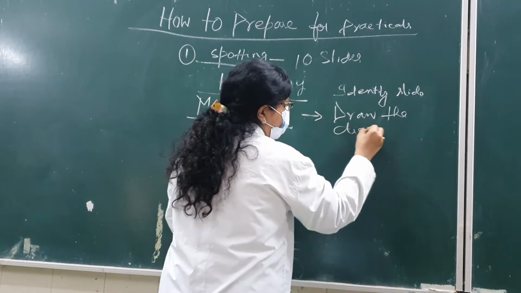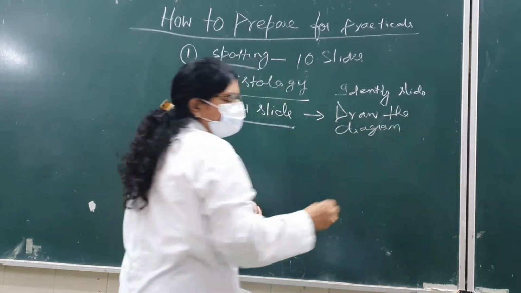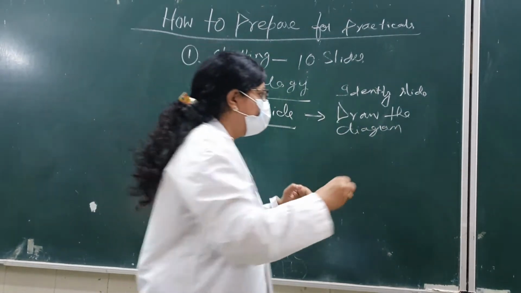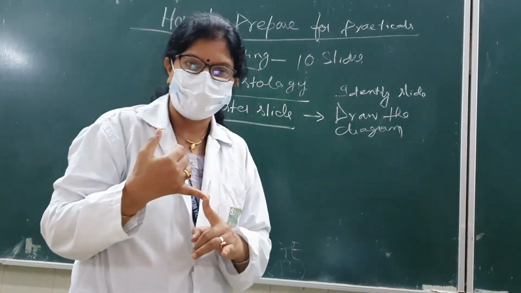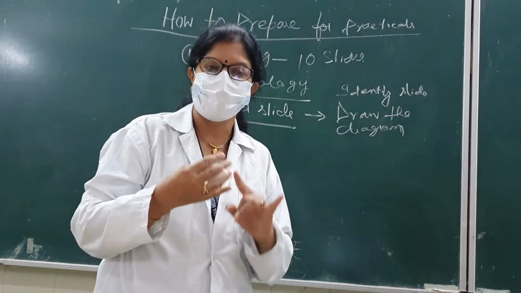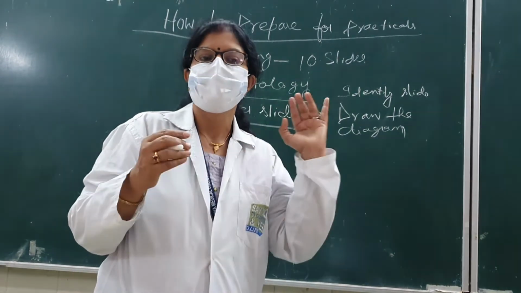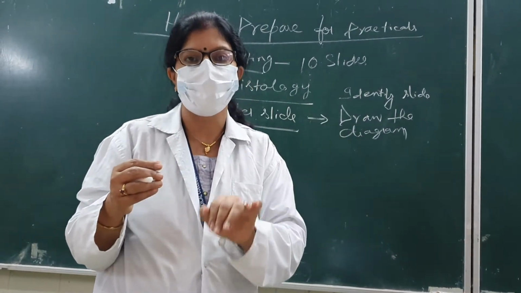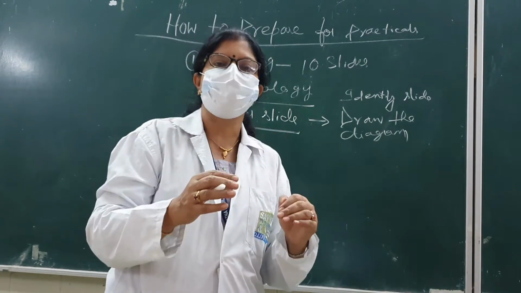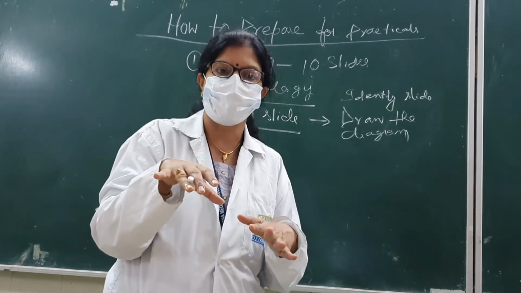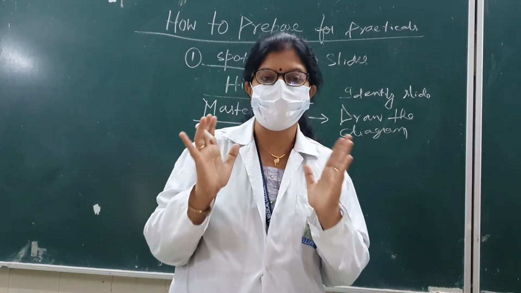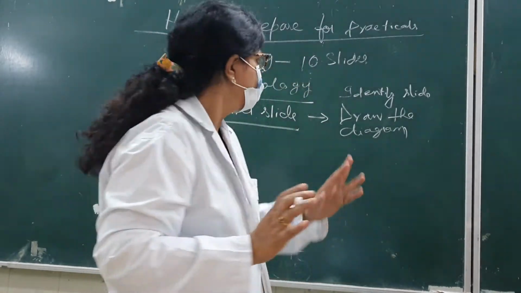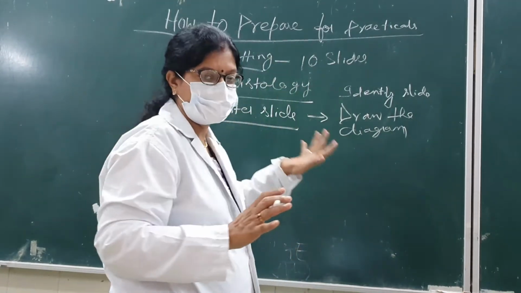Similar to the diagrams given in your histology book, you have to draw a well-labelled diagram which is given in your histology book, not what you are looking at in the microscope. In the microscope you will see very rough features, but you have to draw the ideal diagram which is given in your textbook. So this is your master slide.